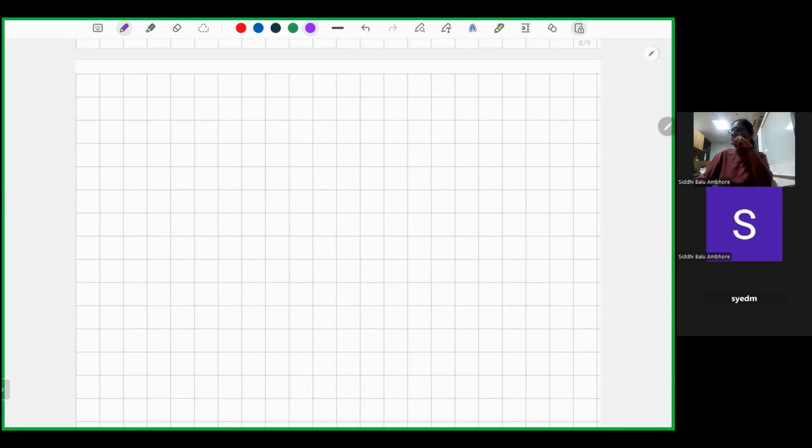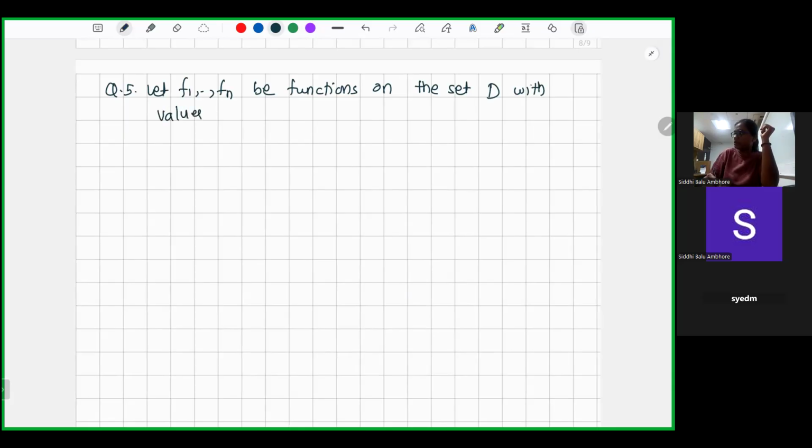I think this is question 5. So let f1 to fn be functions on the set D with values in a field K. So that is a K-valued function. We have K-valued functions over D.